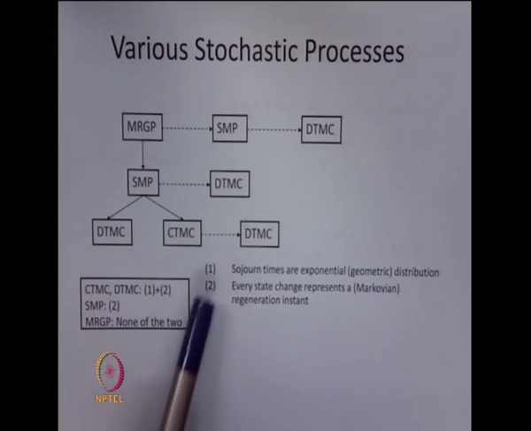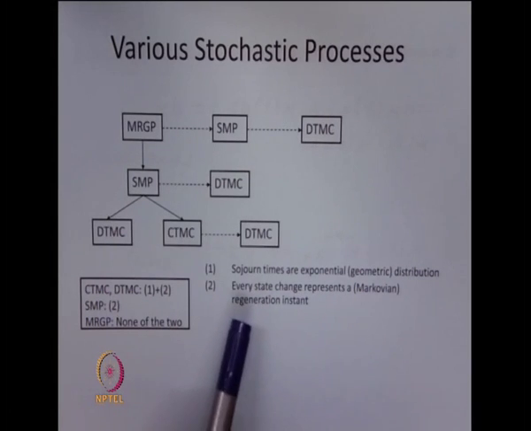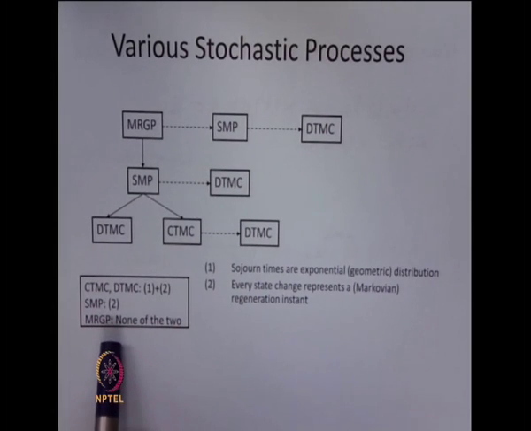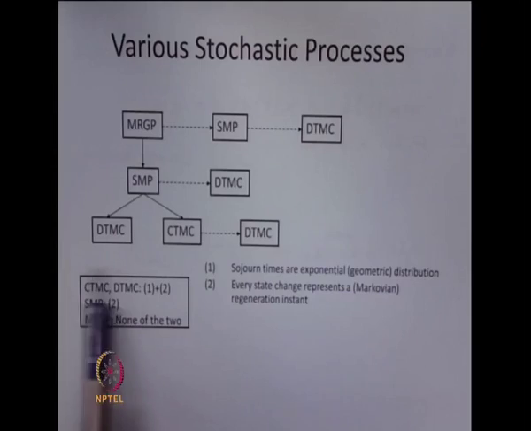If both the properties are not satisfied, and not every state change represents a regeneration instant, but instead only a few state changes represent a regeneration instant, then the stochastic process is called a Markov regenerative process. So, if two properties are satisfied, then it is a CTMC or DTMC.